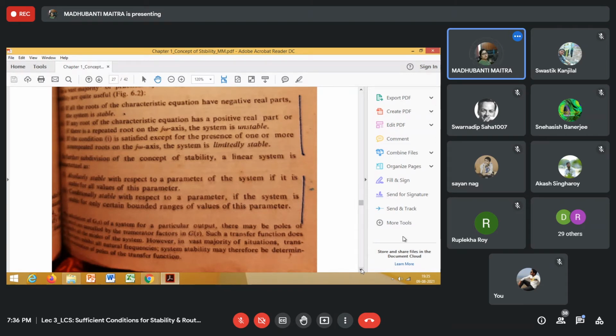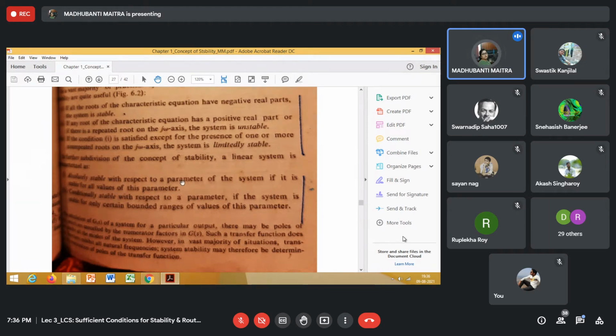There are a few more terms which are of interest, which we use in general. Absolutely stable. Absolute stability has another meaning that I'll explain when I discuss the Routh-Hurwitz criteria. In general, a system is said to be absolutely stable with respect to a parameter.